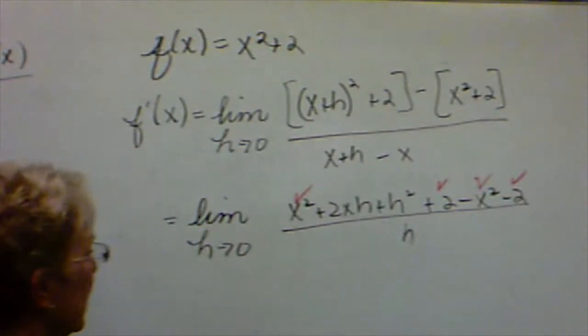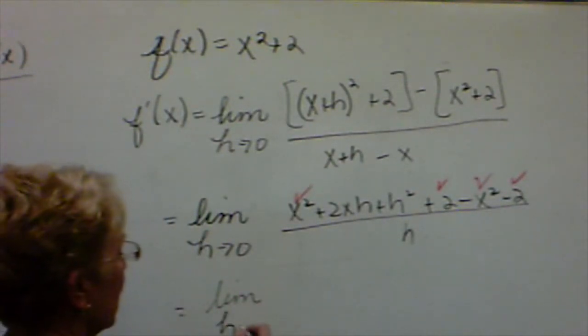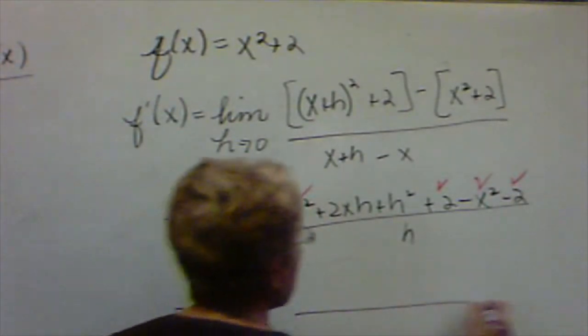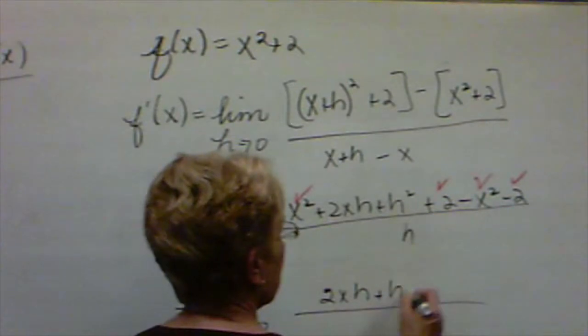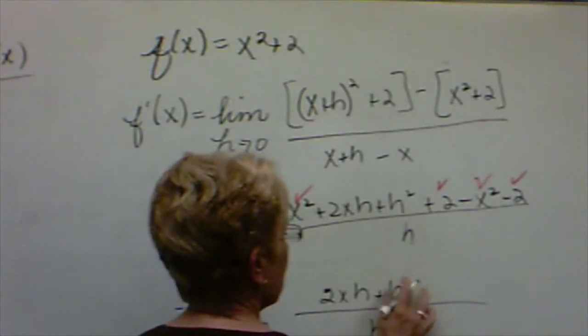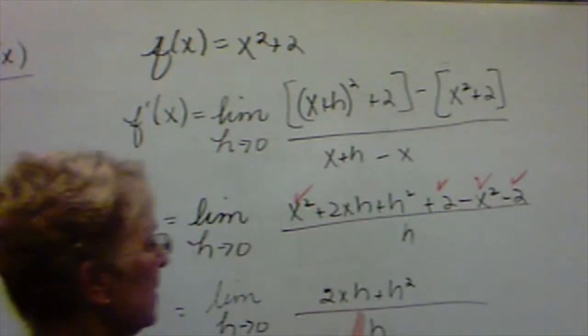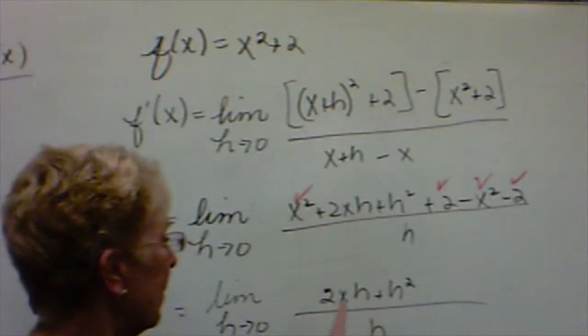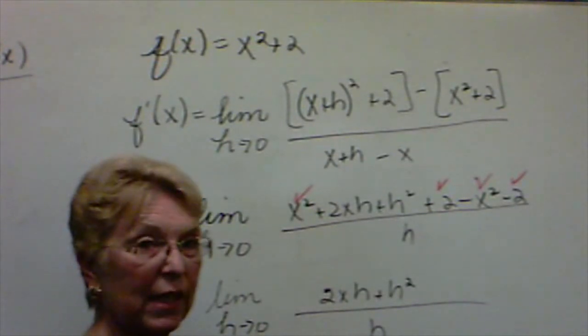So to clean up, we're going to have the limit as h approaches 0 of 2xh plus h squared all over h. So it's messy, and this looks a little bit like gibberish right now, but see where this is going to go. We're going to next factor out an h.